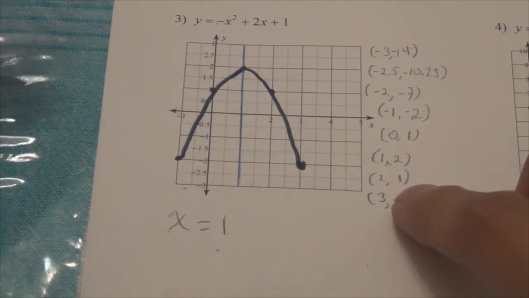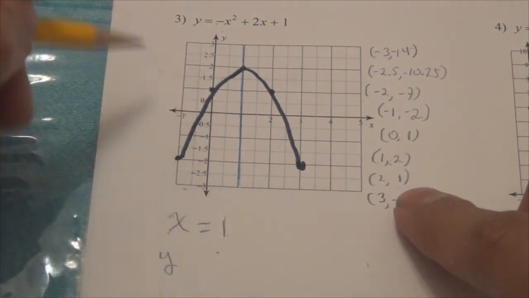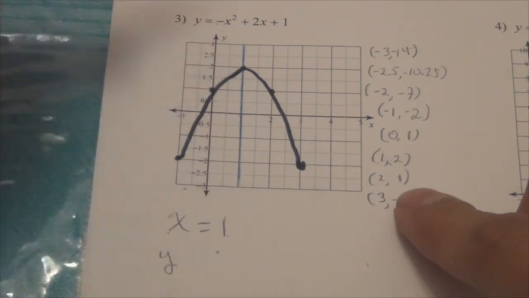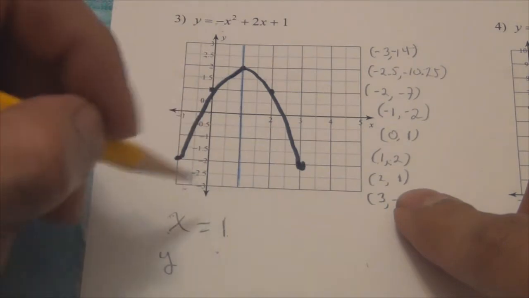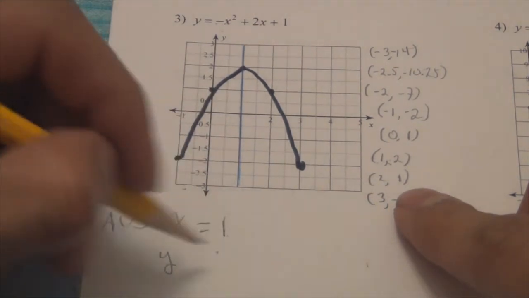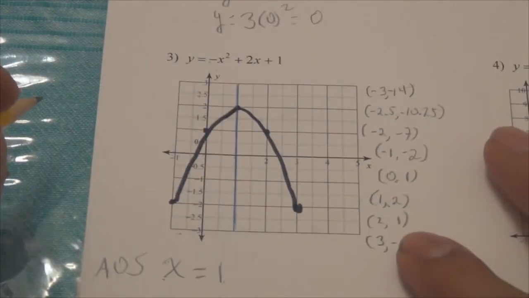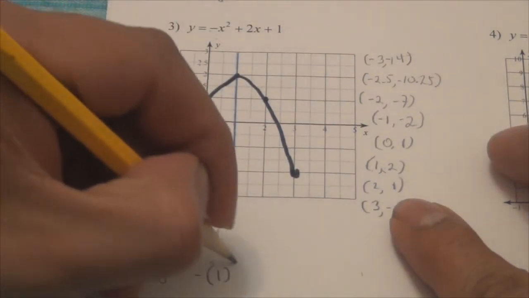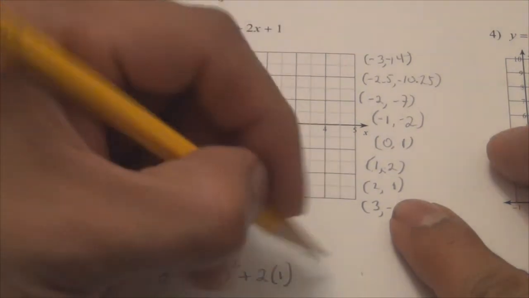But anyways, let us do it again. The vertex is found by replacing the x with the value that you found on the axis of symmetry, the AOS. So y equals negative 1 squared plus 2 times 1 plus 1.